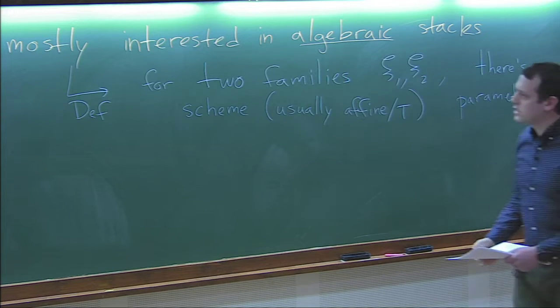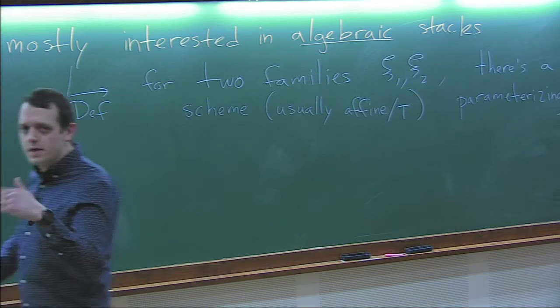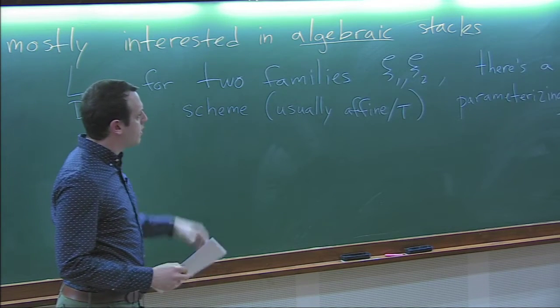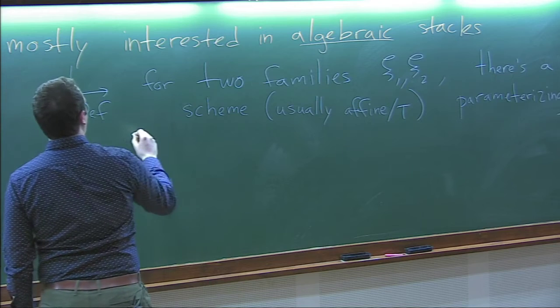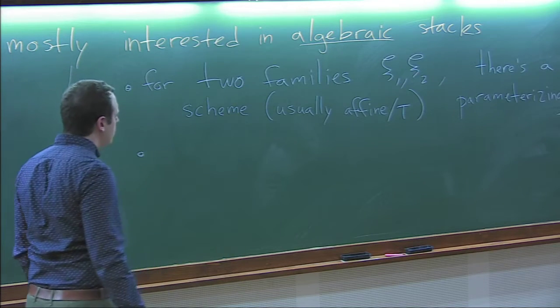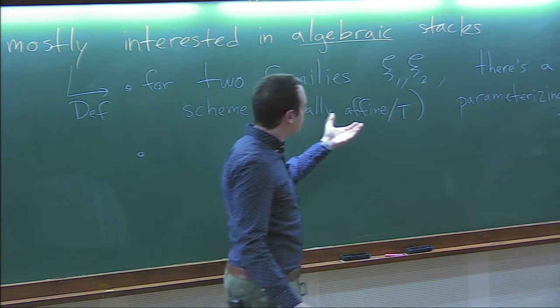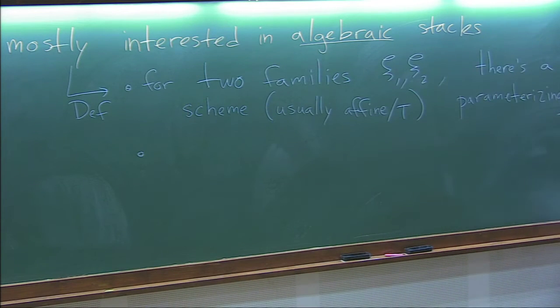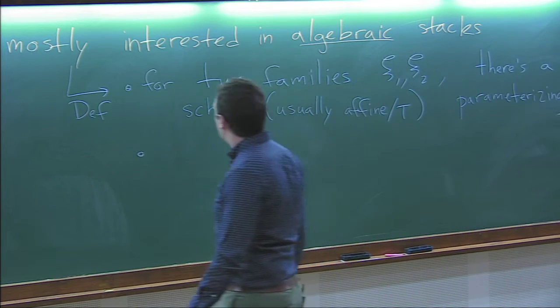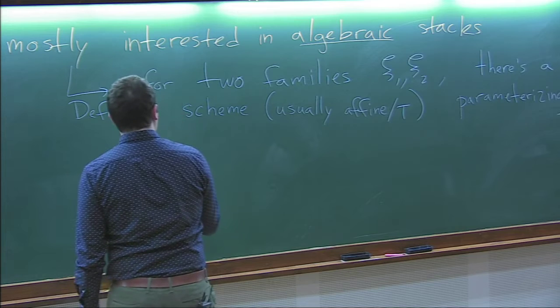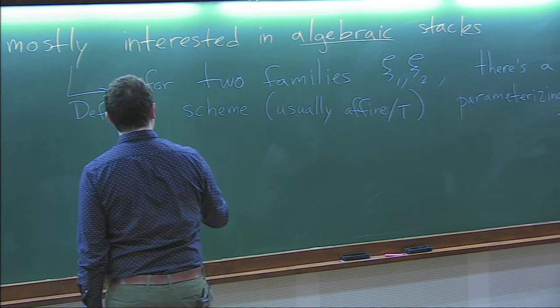So that's the first condition: if I fix two families over T, then there should be a scheme parameterizing the isomorphisms between them. And yeah, usually the scheme will be affine. So in the case of families of vector spaces, this Isom scheme is just a torsor for the group GL_N, so it'll be affine.